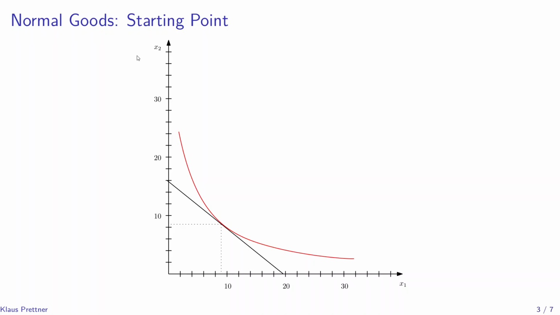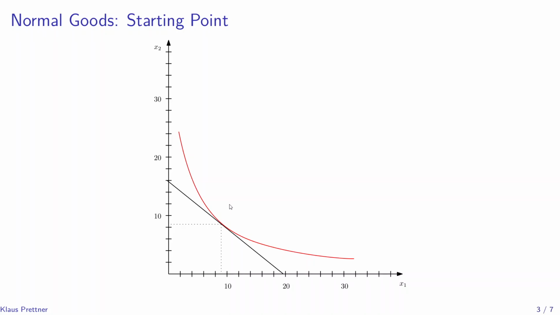The first case: assume we have normal goods and a certain optimal choice. So we have the budget constraint and the indifference curve that is tangent to the budget constraint at this consumption point, where the dotted lines indicate consumption of good 1 and consumption of good 2.